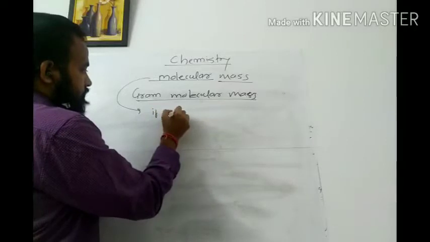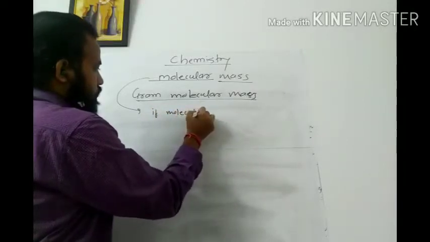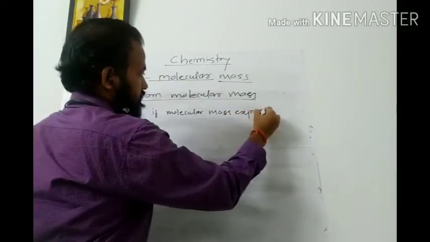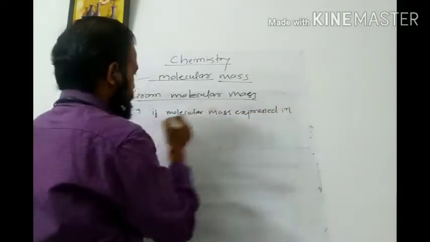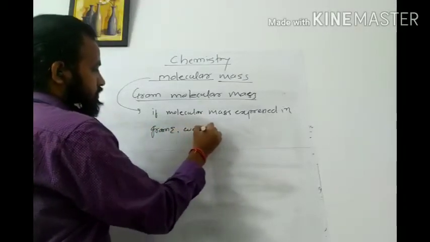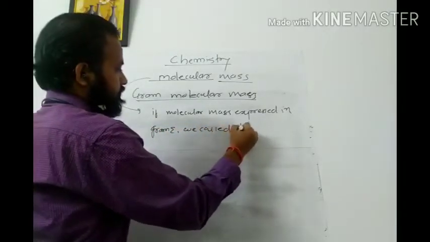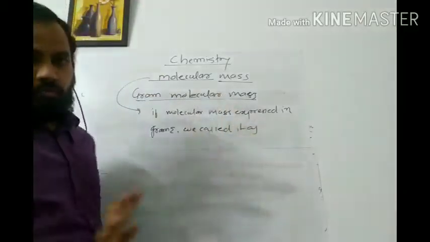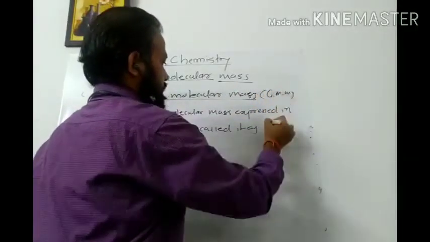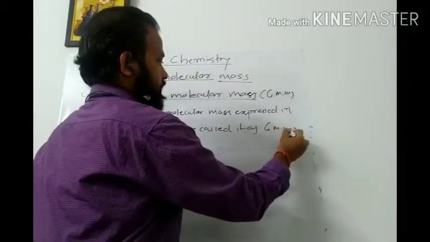If molecular mass is expressed in grams, we call it gram molecular mass, or we can shortly write it as GMM.